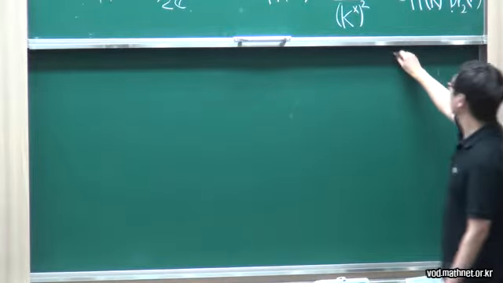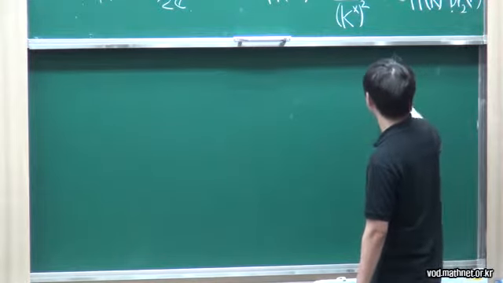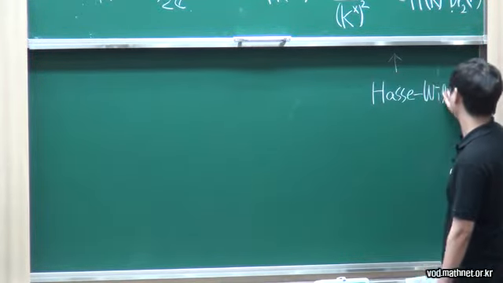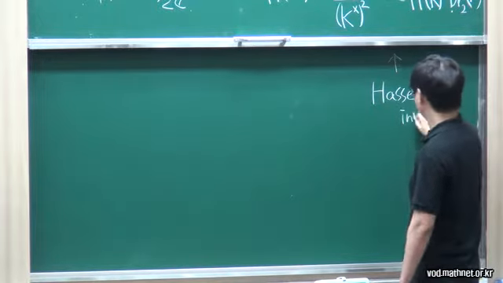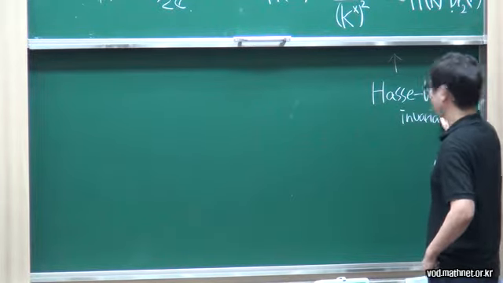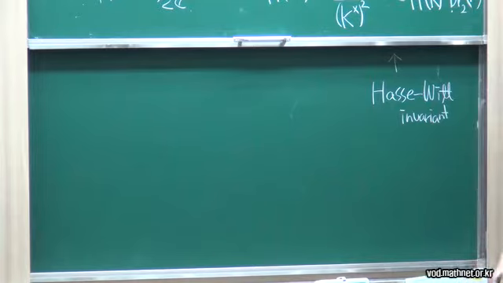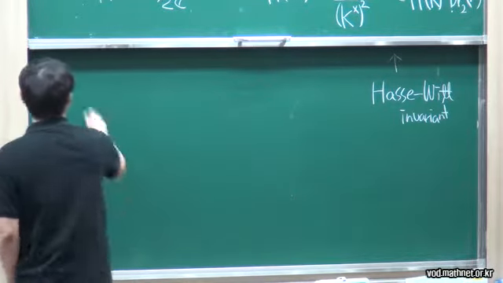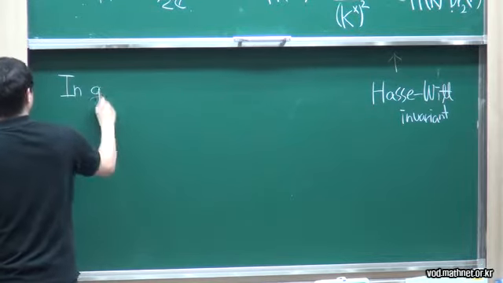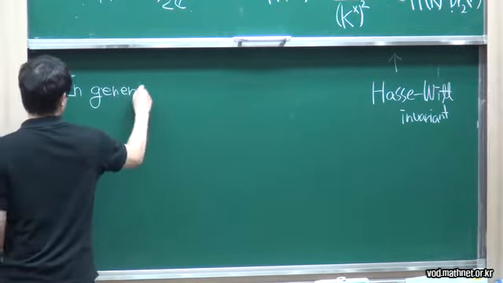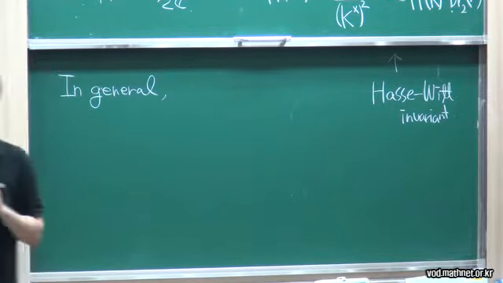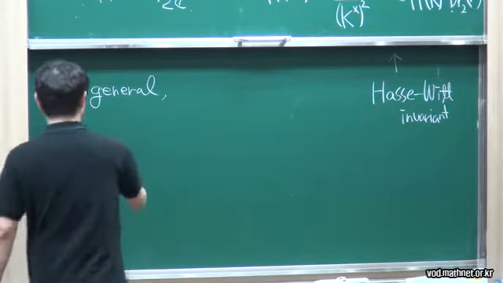And this is the Hasse-Witt invariant. And in general, we have the Stiefel-Whitney classes of the quadratic form.